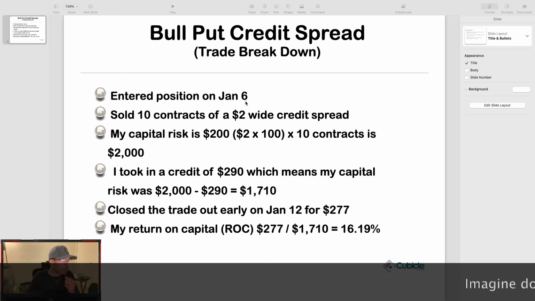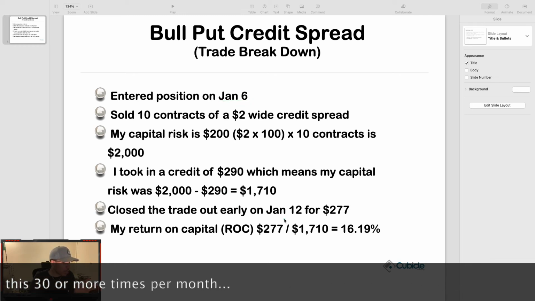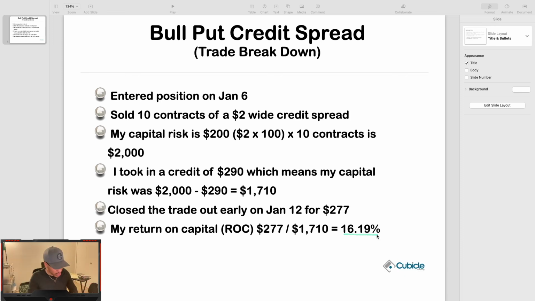Now, think about that. I put the trade on January the 6th, and 6 days later I'm closing the trade out for a 16.2% return, for roughly 1 week.